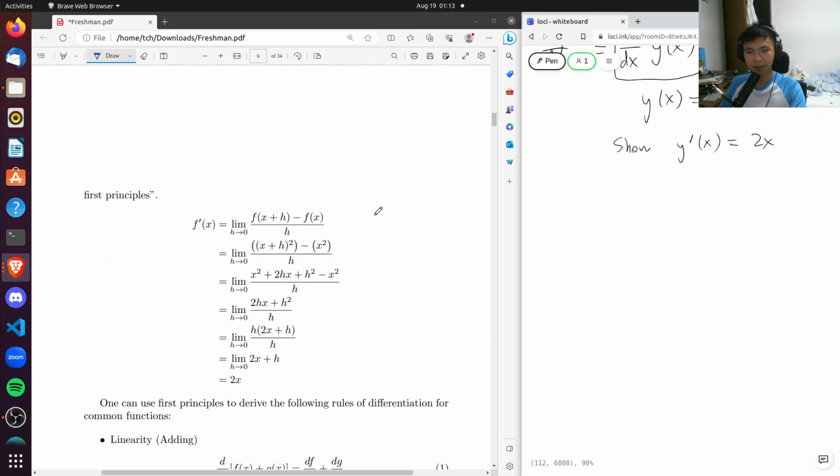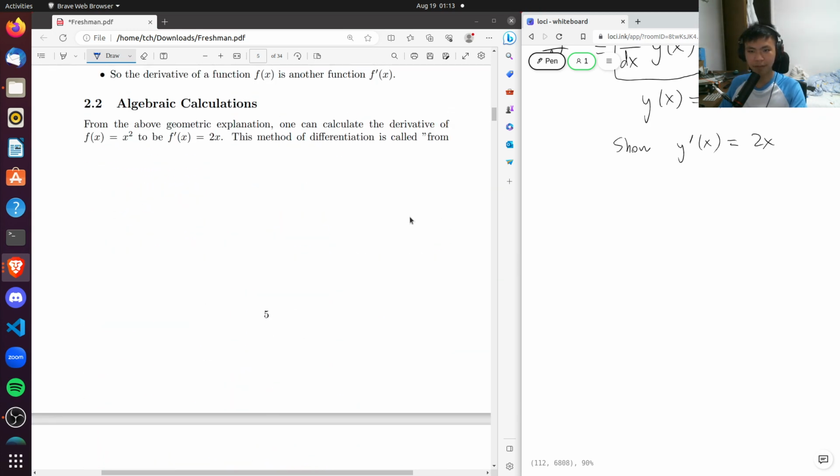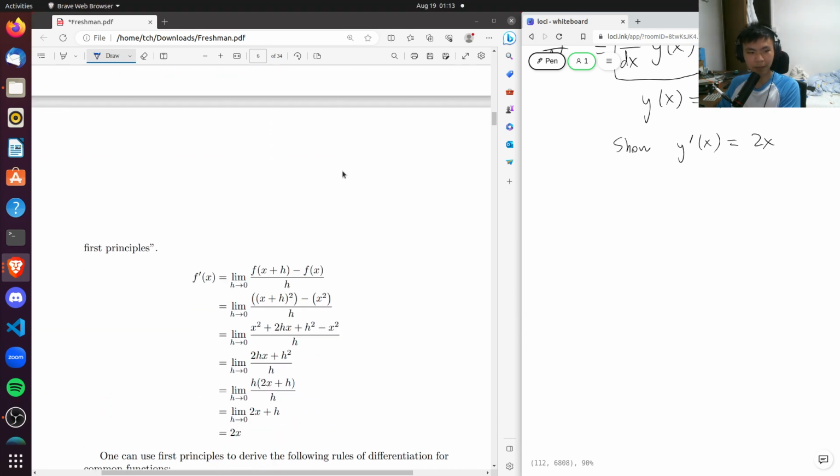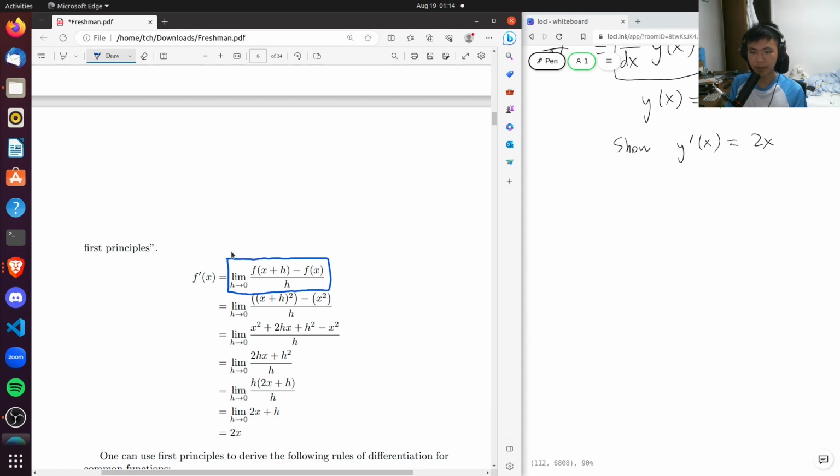But I'm going to go through the derivation for how to obtain the derivative of y equals x squared just for educational purposes.